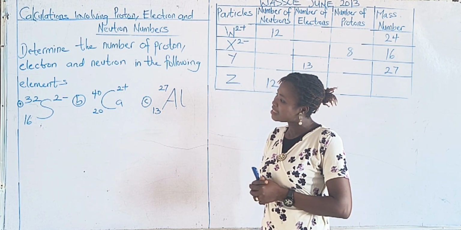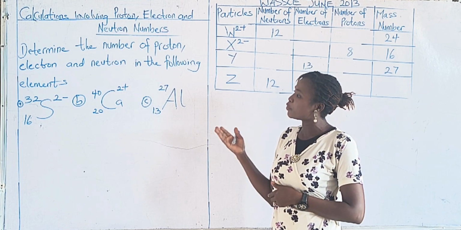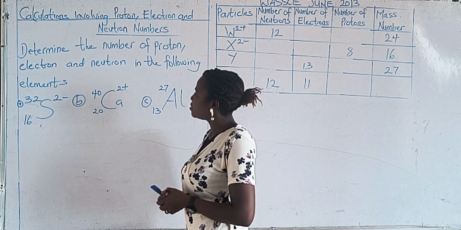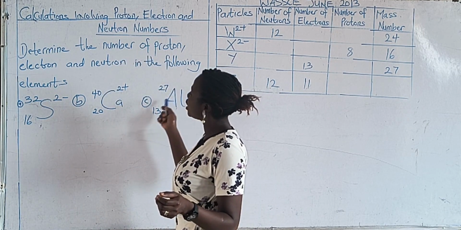So today we are going to look at calculations where they ask us to calculate the proton, neutron, and electron numbers. You can see: determine the number of protons, electrons, and neutrons in the following elements.